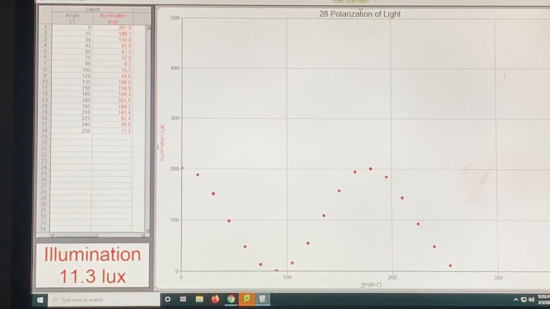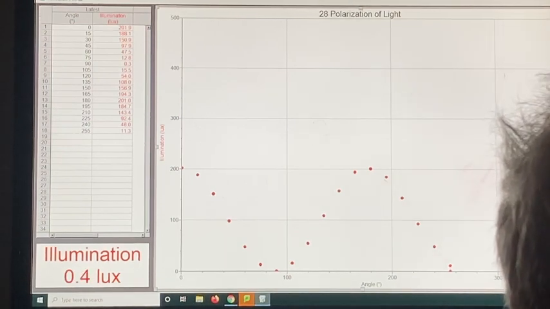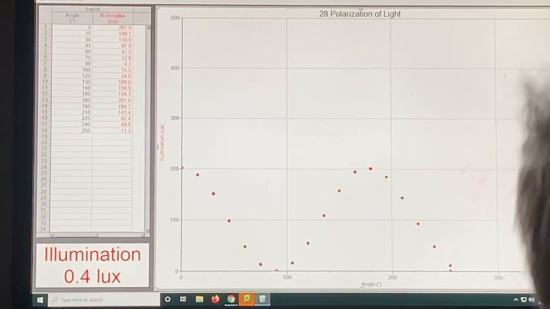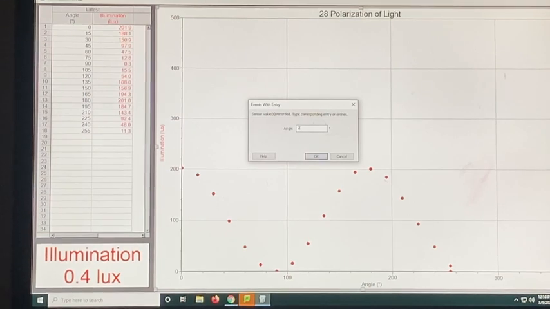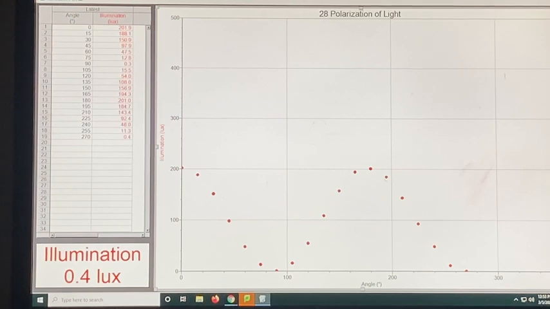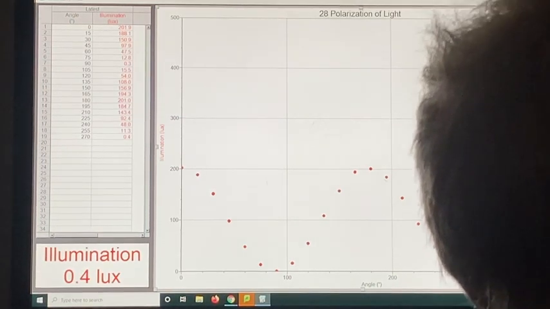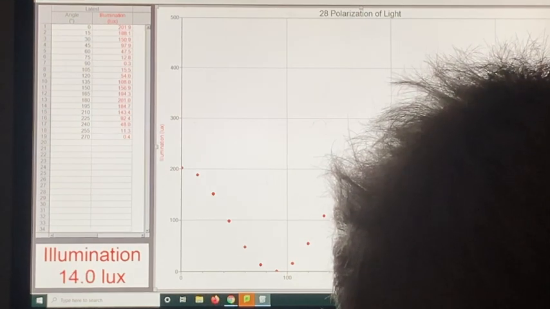All right, then 270. And back, so we're now perpendicular again, 285.